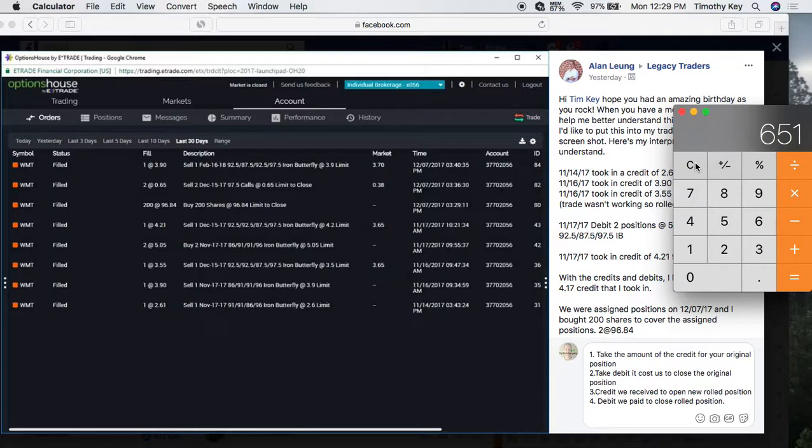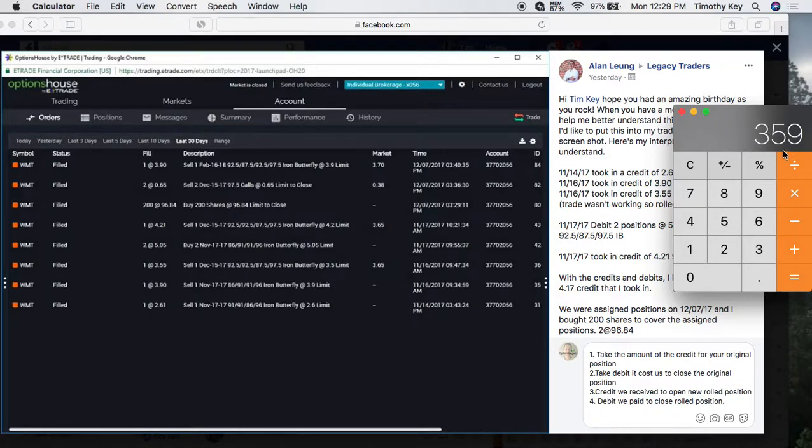So we're just going to take a mental note of 651, and we're going to take 505 times 2, because you have 2 contracts right here. 505 times 2 is $1,010. Boom.